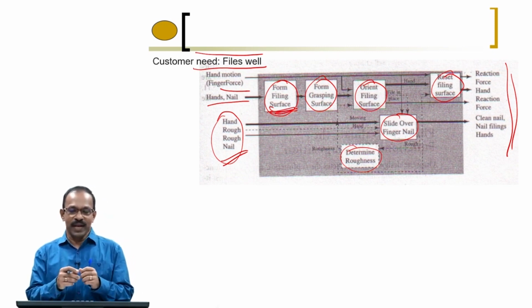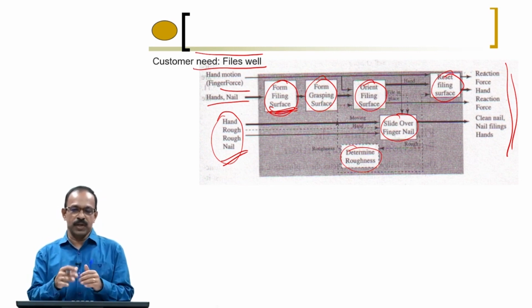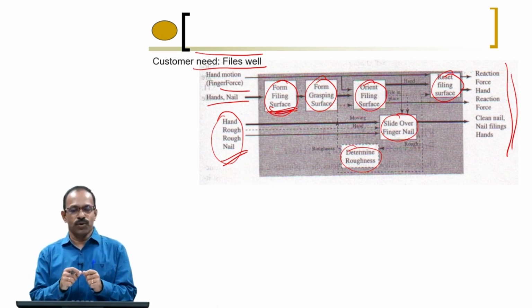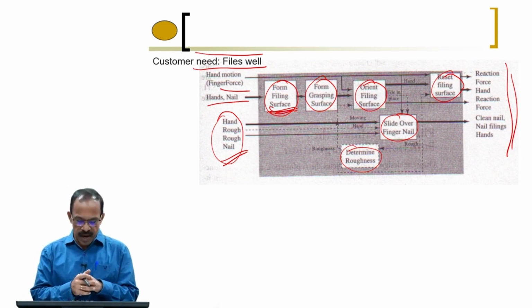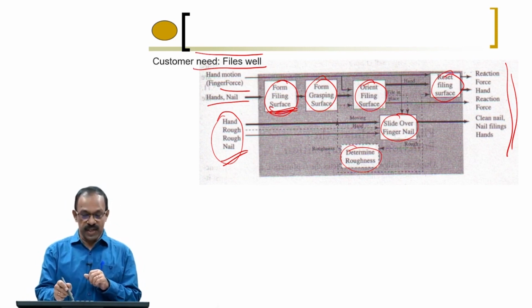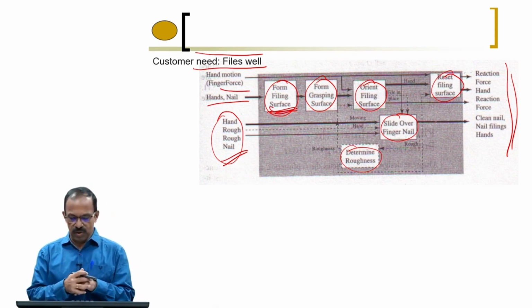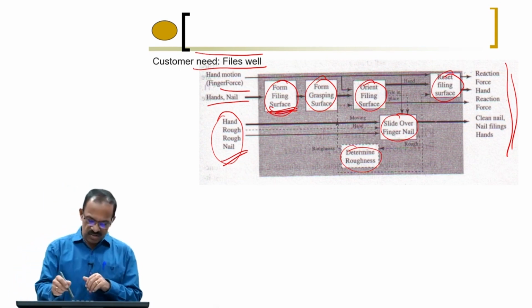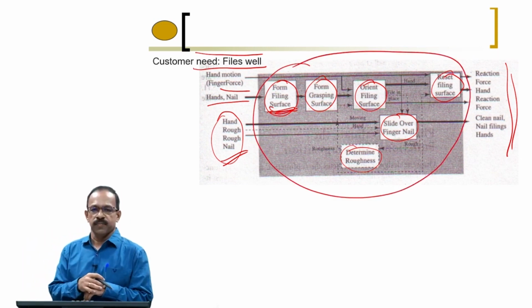The product will have the filing surface in some particular form, so you need to take it out or make it in a particular orientation. That is form filing surface, form grasping surface, and orient the filing surface to suit the filing, and then you move it for filing. So, these are the functions involved in filing the nail.